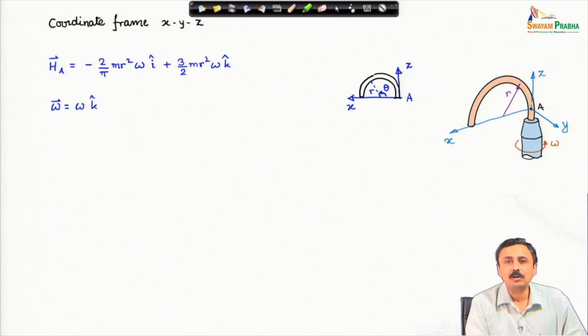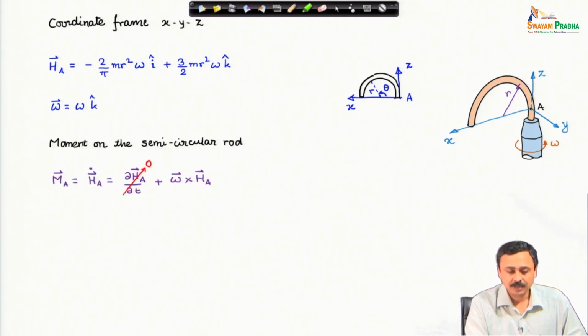Now, omega of the axis of the coordinate frame is omega k cap. Now, moment on the semicircular rod can be determined using this equation, M about A. A is a fixed point in inertial space.